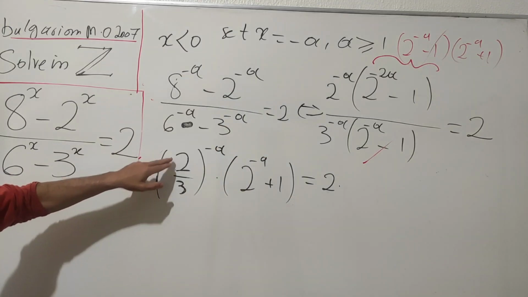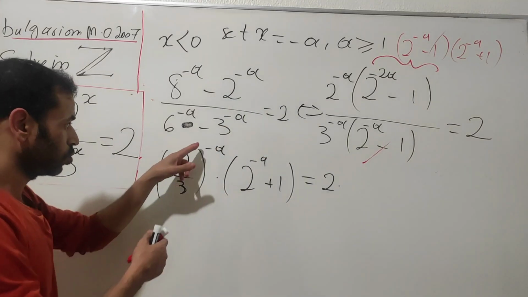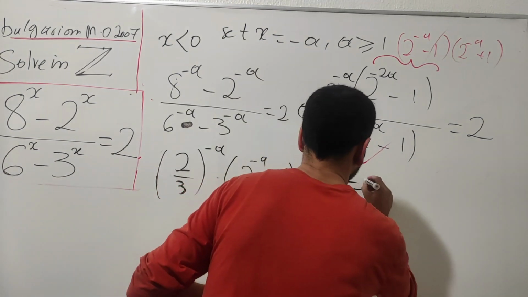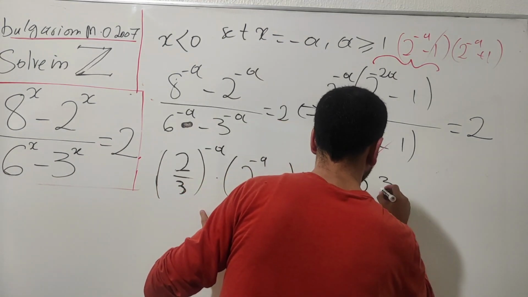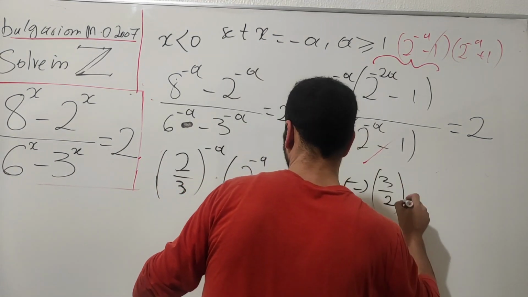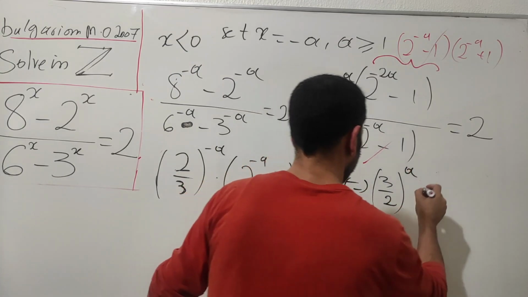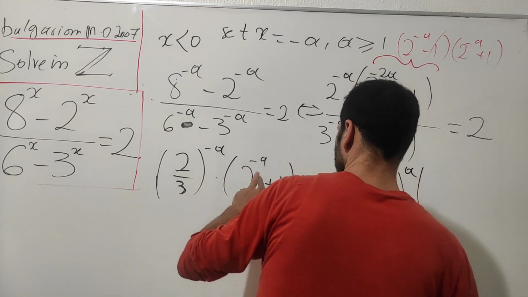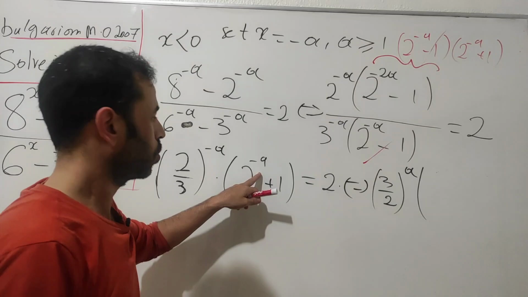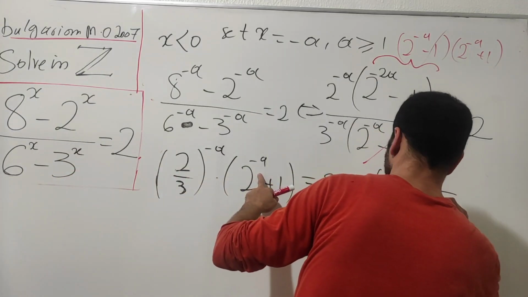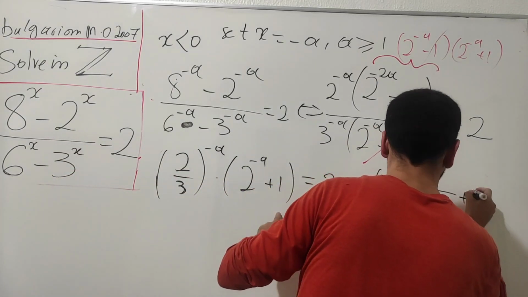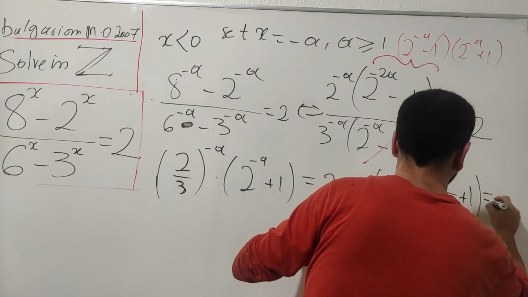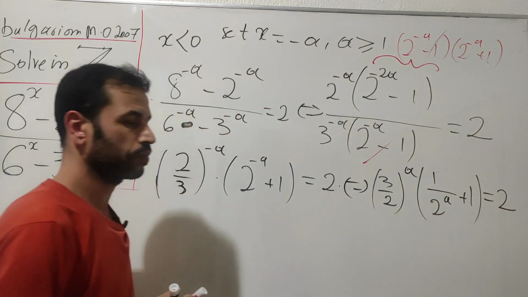So instead of having 2 over 3, I will have 3 over 2 to the a. Okay, so this one is equivalent to 3 over 2, all raised to the a as an exponent, multiplied by this one, which also becomes 1 over 2 to the a plus number 1, which equals number 2, like this.